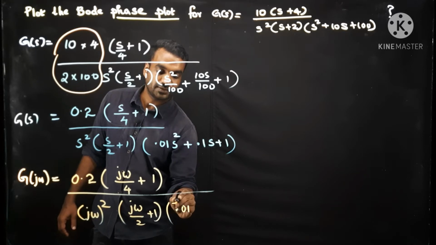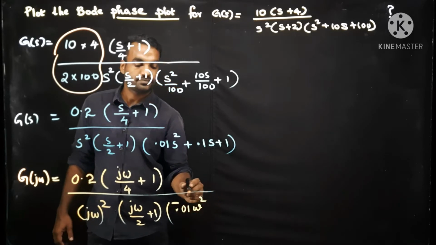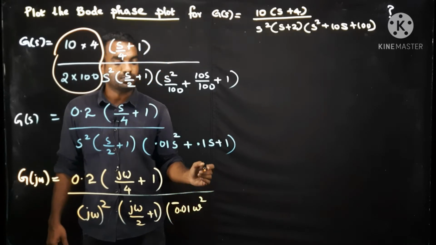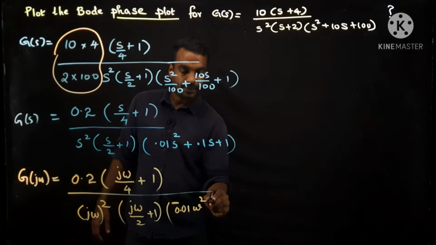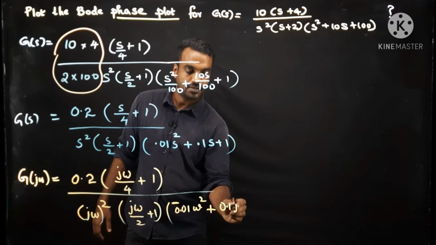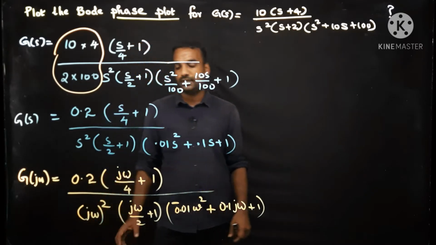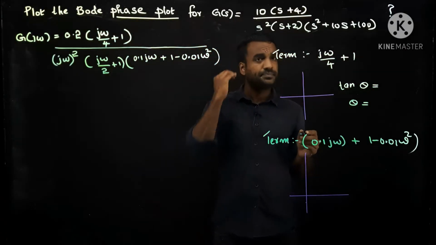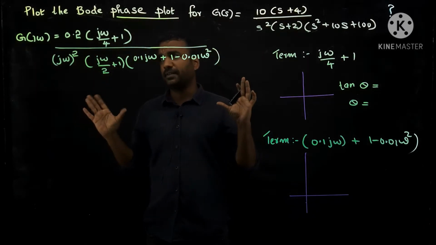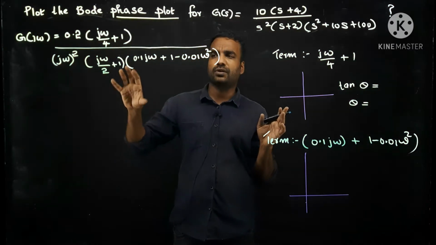So, we can put minus here, into omega square: minus 0.01 omega square plus 0.1 j omega plus 1. Okay, so this is the final arrangement of our term in j omega by substituting s is equal to j omega. We already got this.